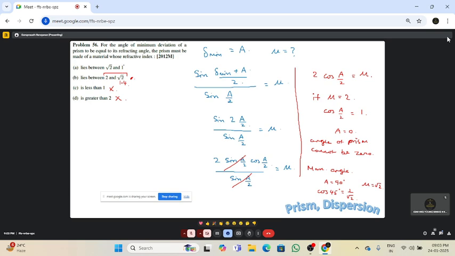Why can't this be true? It can be 1.4. It can be more than 1.4 also, right? Cannot be 1. Why can't it be 1? 1 into 1 by 2. 1 by 2 means cos will be 30. So A will be 60.